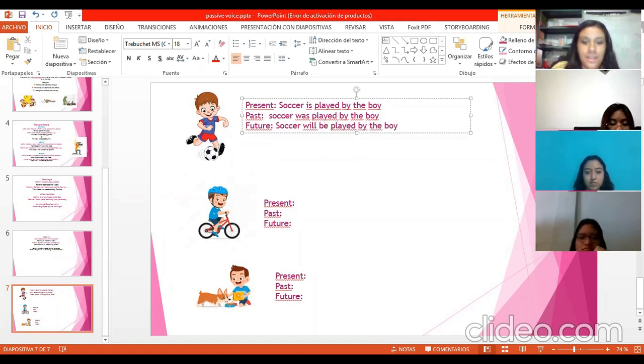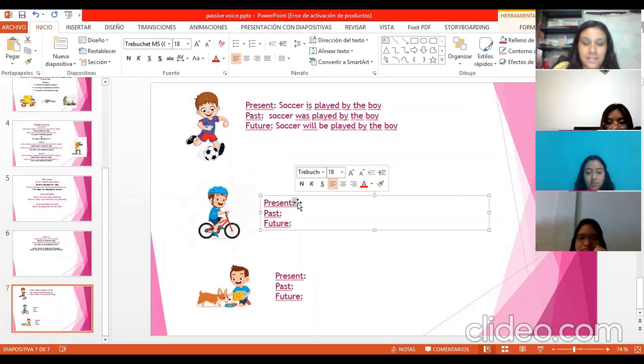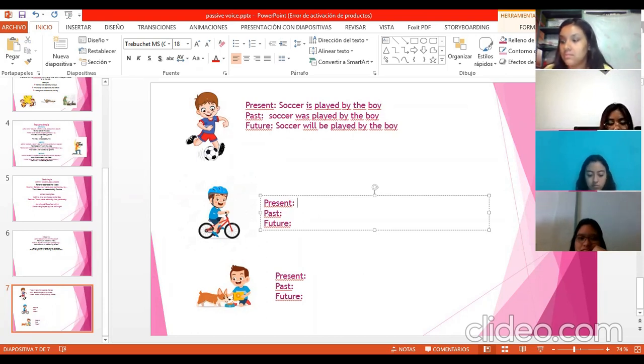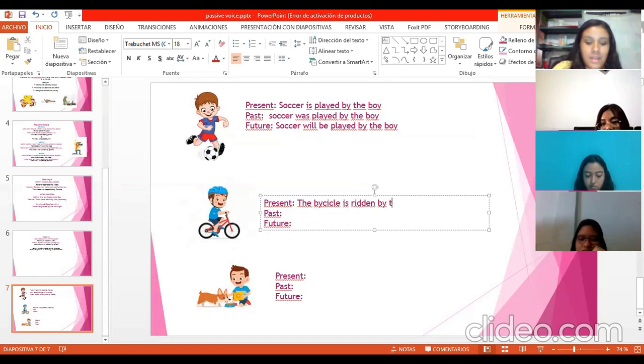In this picture, in present, passive voice. Somebody knows? The bicycle is ridden by the child. Past: the bicycle was ridden by the child.